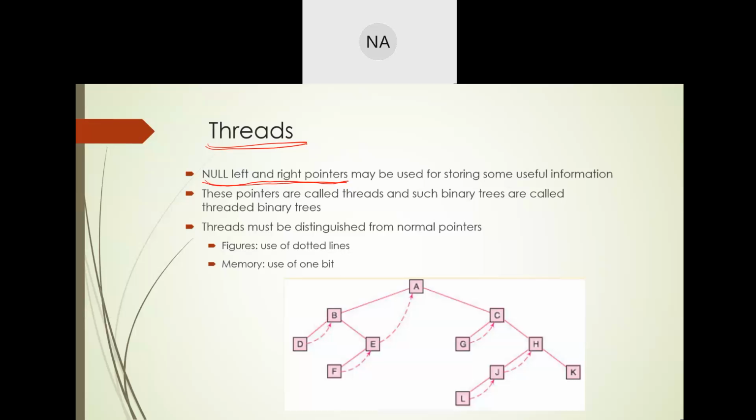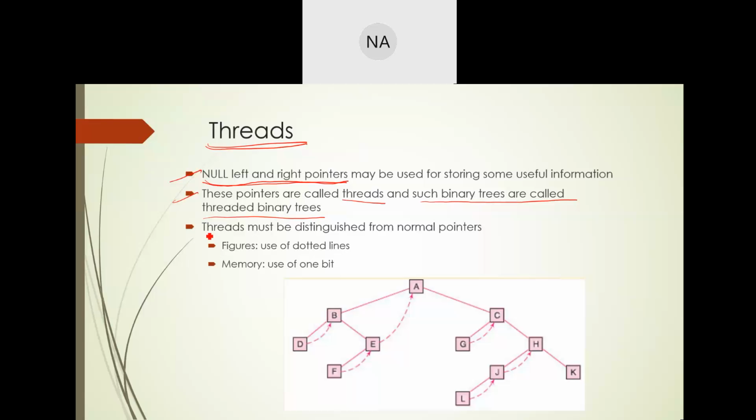Those extra pointers are called threads. So null left and right pointers may be used for storing some useful information. These pointers are called threads, and binary trees which have threads in them are called threaded binary trees.